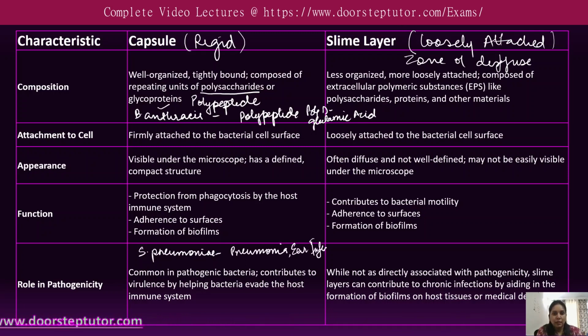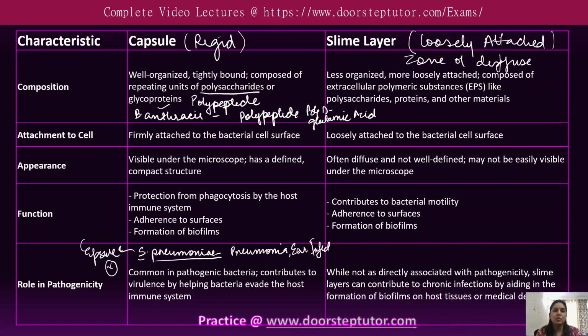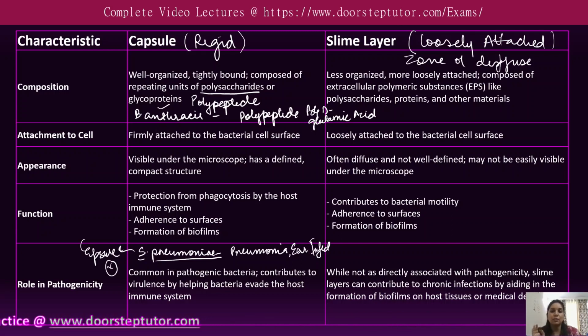Only those strains or bacteria which have the capsule layer will cause infection in the host organism. If the capsule is absent, then S. pneumoniae will not cause infection to the host.